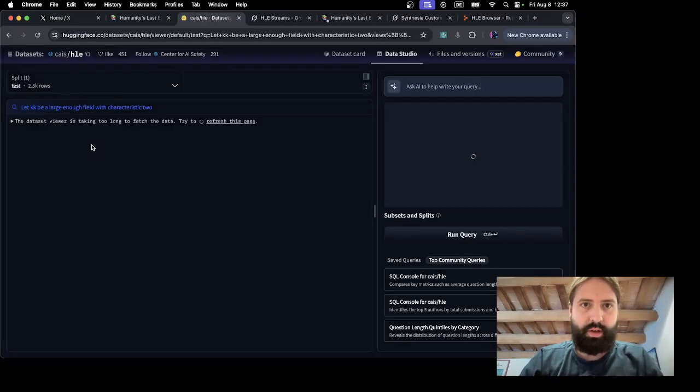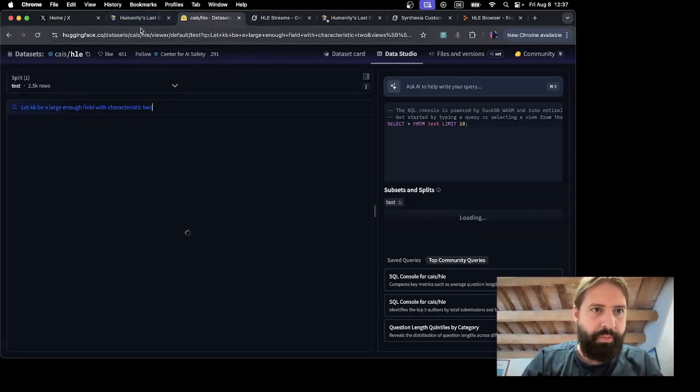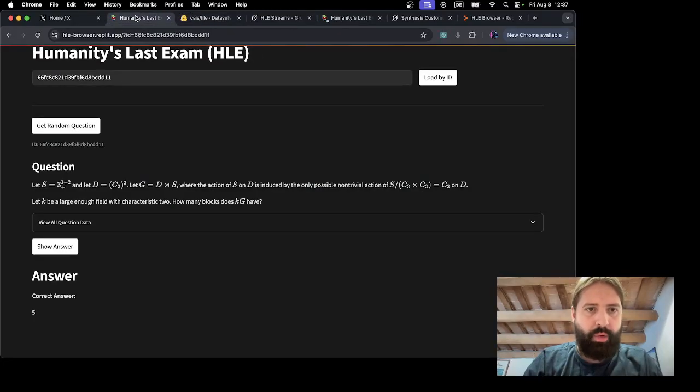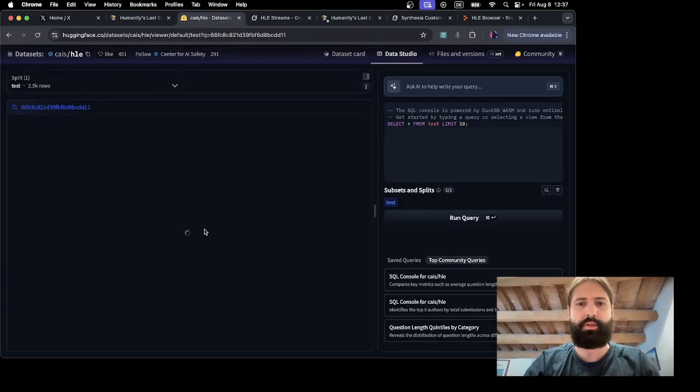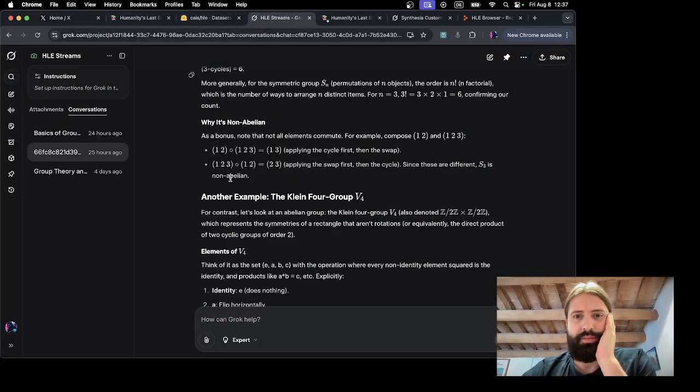So I will reopen these because I want to put in the ID in here and search this data set for this ID.